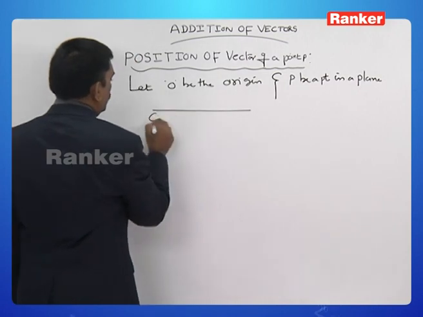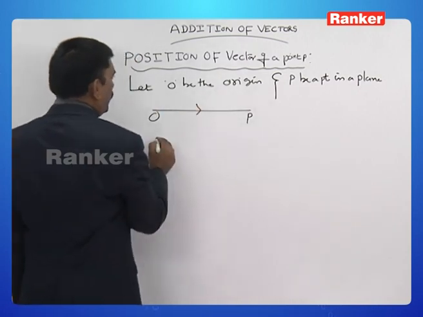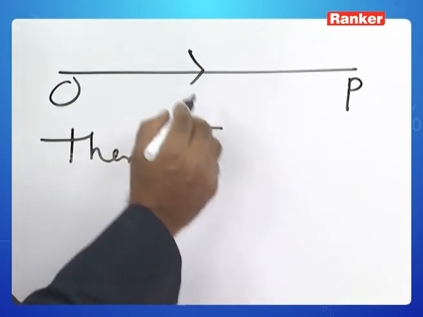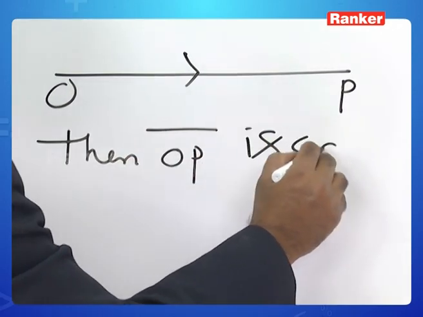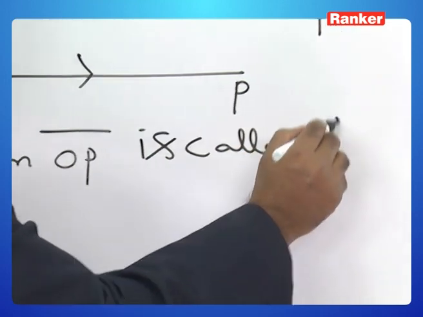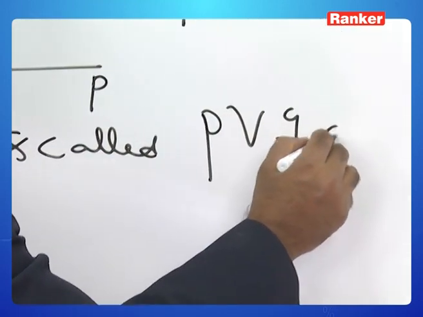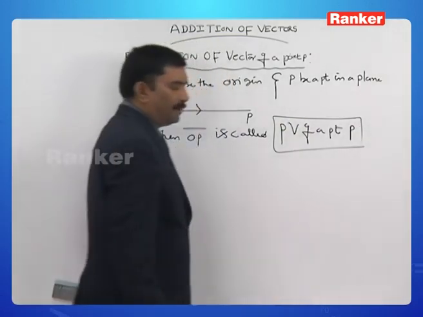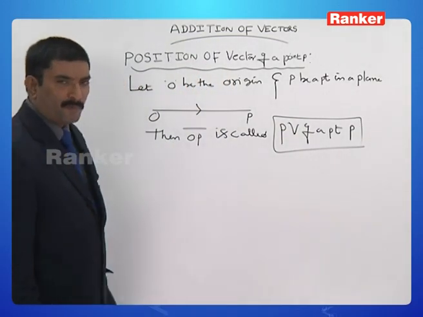Then OP bar is called the position vector of a point P.